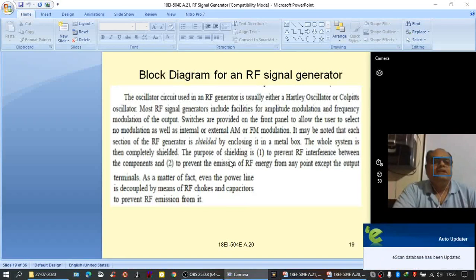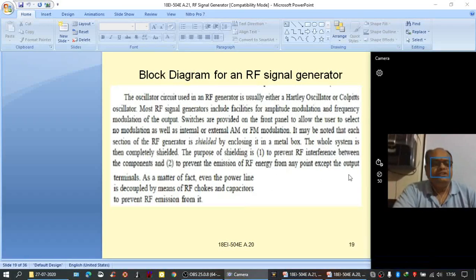Once again, every part is separately shielded, and the entire unit, that is all four parts of the radio frequency signal generator, arranged on a plate, the total arrangement is completely shielded.